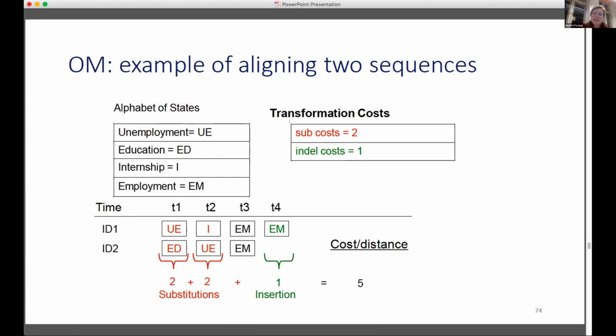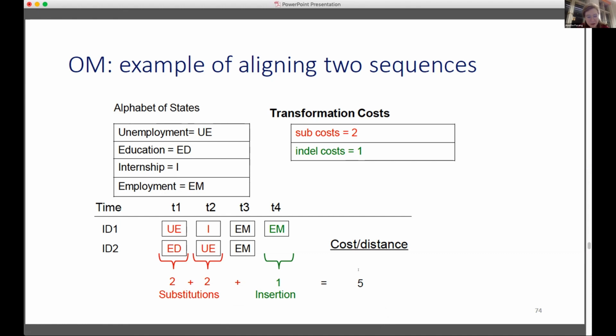And I would say substitutions cost 2 and insertions or deletions cost 1. Then here, to turn sequence 1 into sequence 2, I would substitute unemployed for education, internship for unemployment, and here I would insert another employment, and this would add up to a cost of 5.